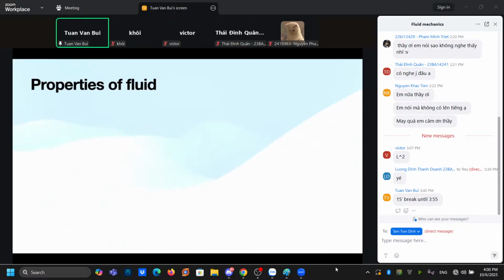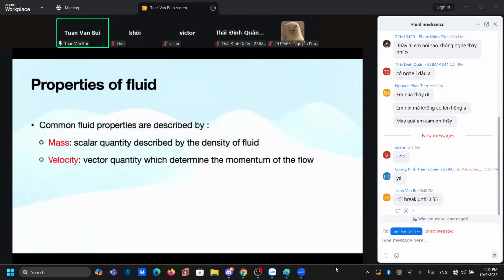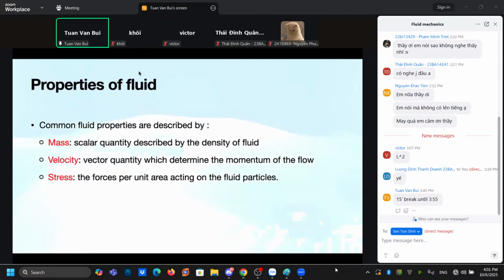Okay. So common properties of fluids are described by, first, the mass. So we know that the mass is the scalar quantity described by the density of fluids, and velocity, that is a vector quantity which determines the momentum of the fluid.